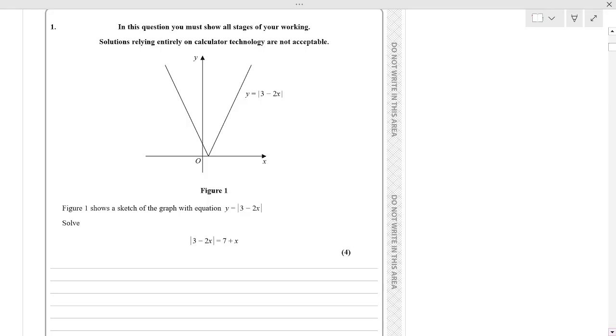But we need to sketch x plus 7, because this is the same as saying the graph y equals 3 minus 2x intersects the other graph y equals x plus 7. So we've got the graph of y equals modulus of 3 minus 2x, now we need to plot this other one, x plus 7.